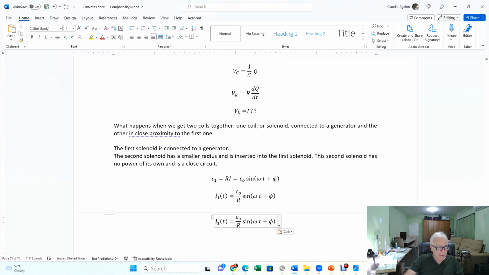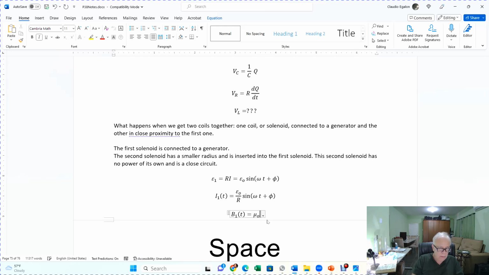Let's not forget that the magnetic field inside this first solenoid is also going to be a function of time. And why is that? Because it's a function of the current, right? Here you go.